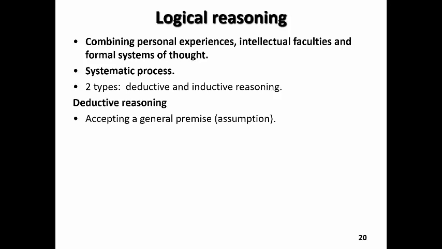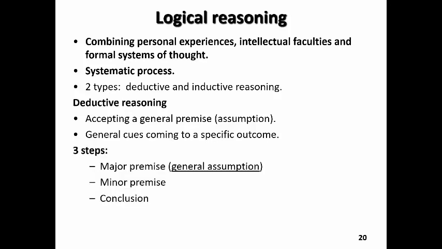So with deductive reasoning, we begin this process by accepting a general premise or a general assumption. Then we gather certain cues that are very general, and when we start with those general cues, we arrive at a very specific outcome.